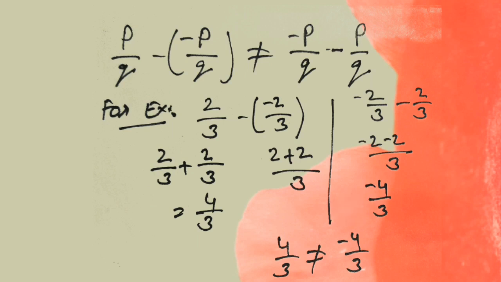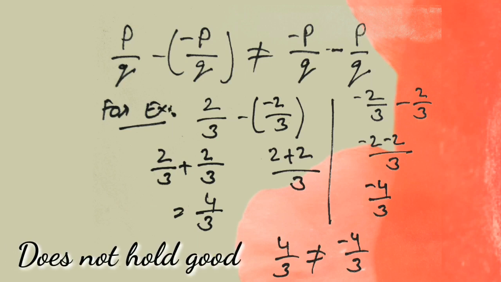Here the left side you got 4/3, but the right side answer is minus 4/3. Both sides are not equal. So the existence of inverse property also does not hold good for subtraction.